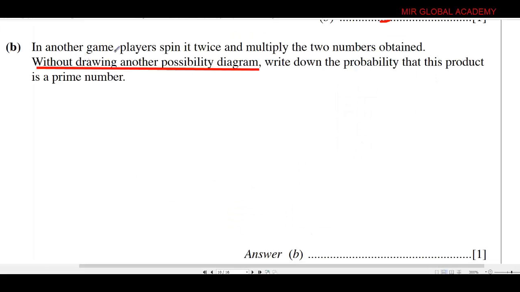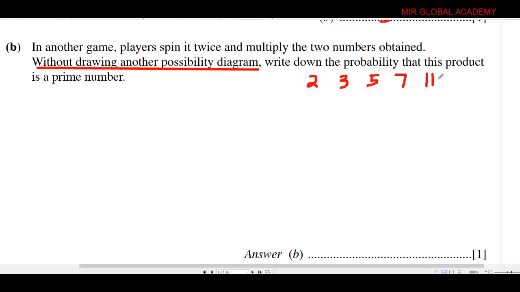In another game, players spin it twice and multiply the 2 numbers obtained. Without drawing another possibility diagram, write down the probability that this product is a prime number. And you know that a prime number is a number which has only 2 factors, 1 and itself. If it has a factor other than these 2, that number will not be a prime number.